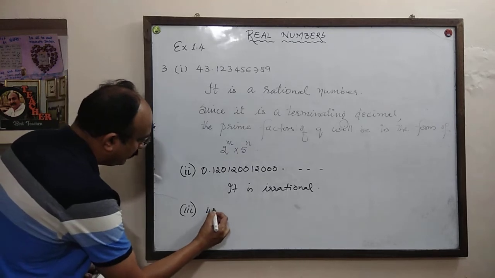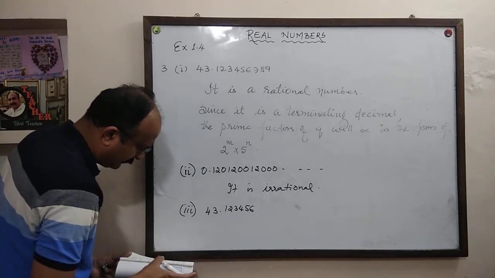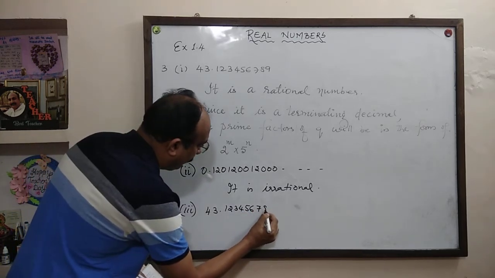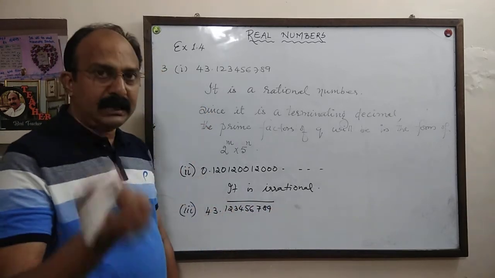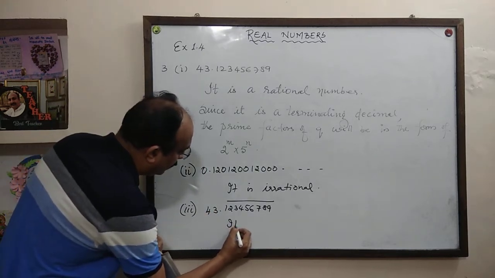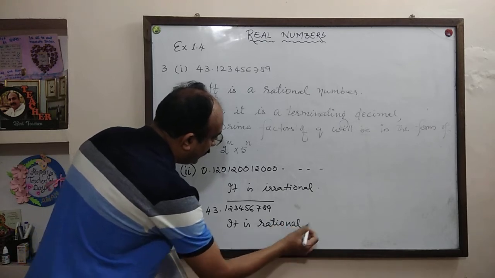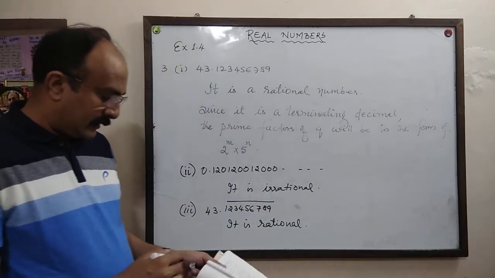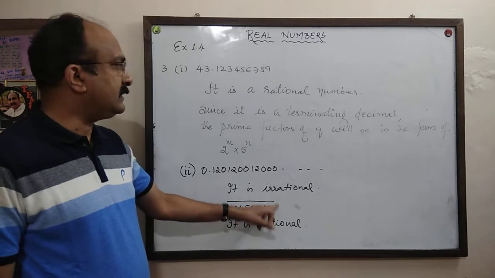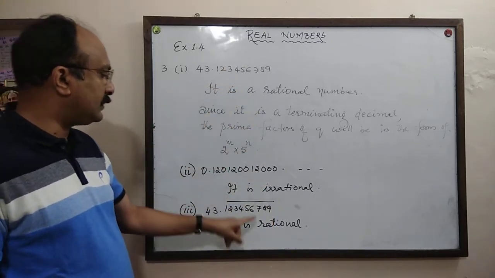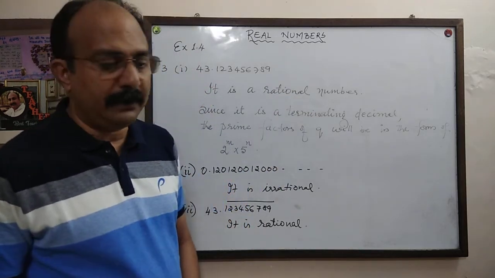The question is 43.123456.789 bar. This is called non-terminating recurring decimal. All the non-terminating recurring decimals are rational. So it is rational. But in terms of non-terminating recurring decimal, what can you say about the prime factors of q? It will not be in the form of 2 power m into 5 power n.